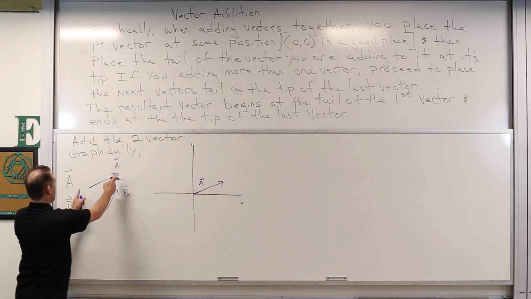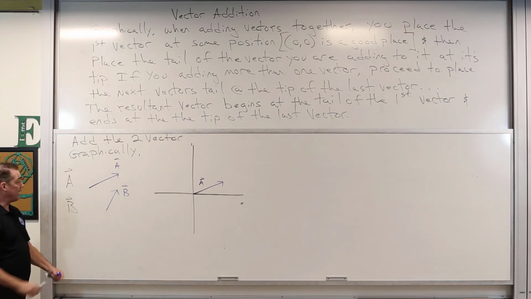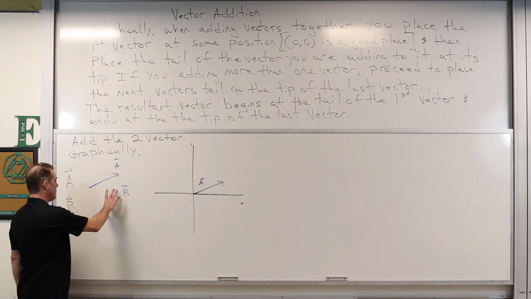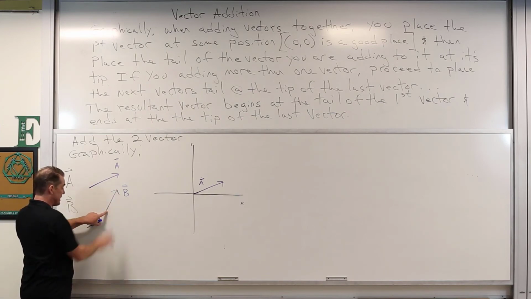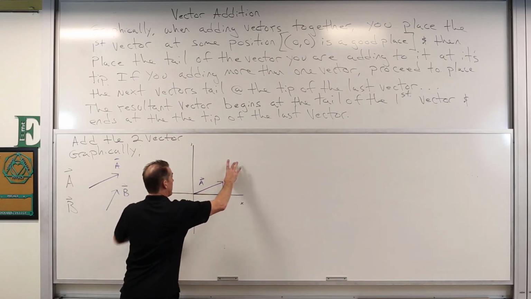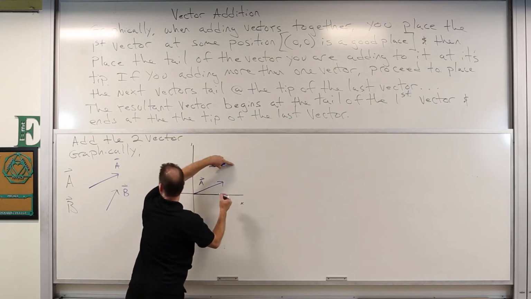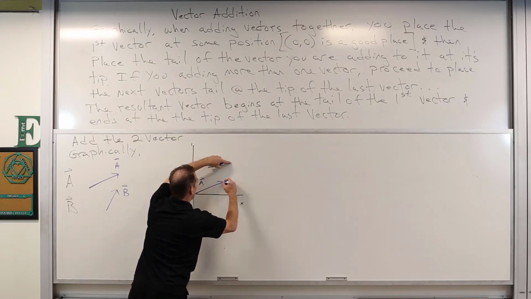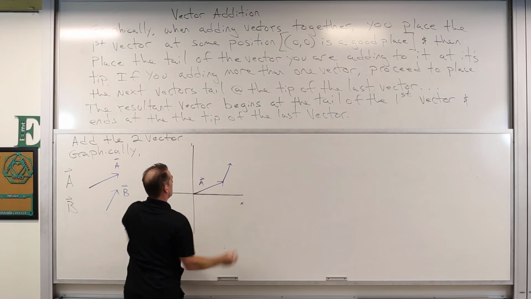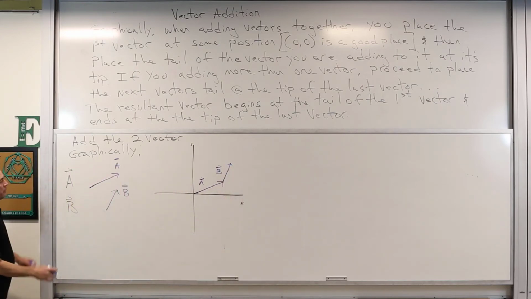There's an A hat. All right, we've also got a B hat here, right? We want to add B hat to A hat. So we are going to take B hat and translate it such that its tail is at the tip of A hat. So I take it, I'm going to put it right here. There's B hat, within reason.